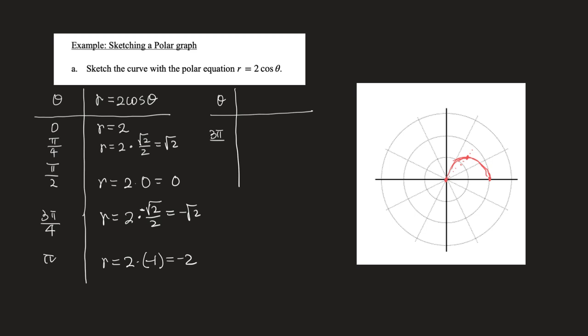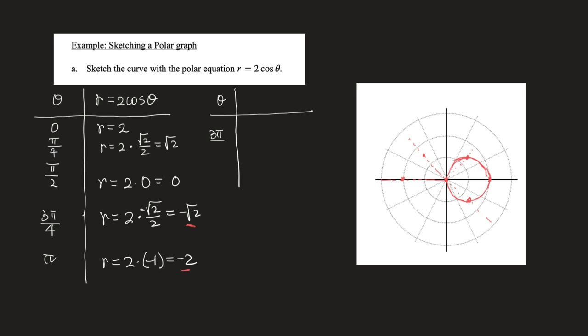So 3 pi over 4 is right here. Then r is negative, so you have a 180 rotation. Pi is the negative x-axis, r is negative, so rotate 180, right here.